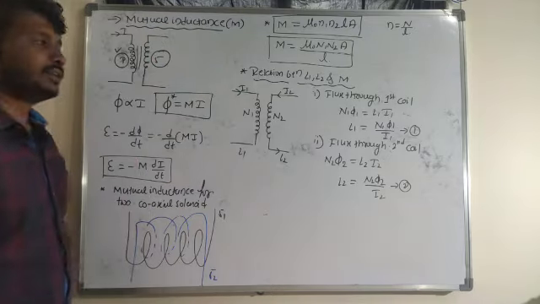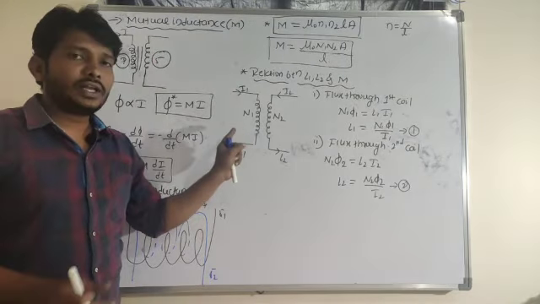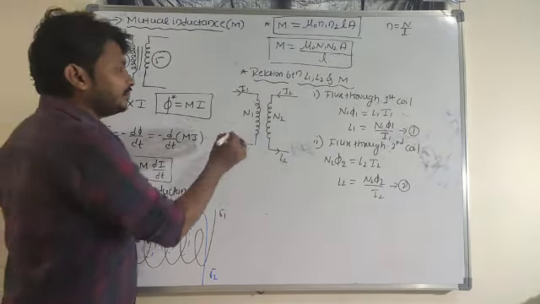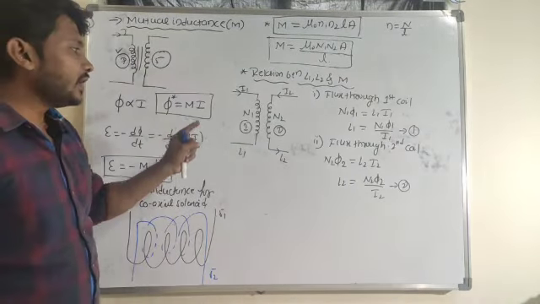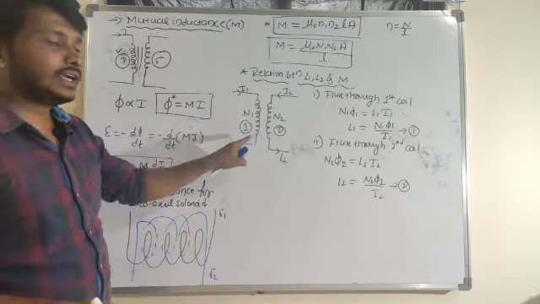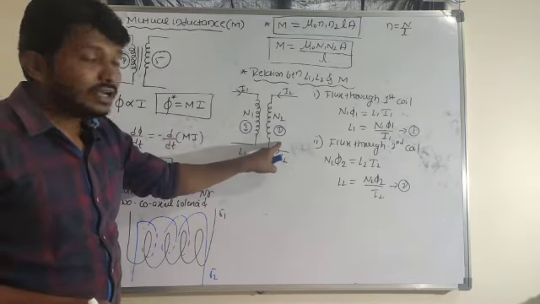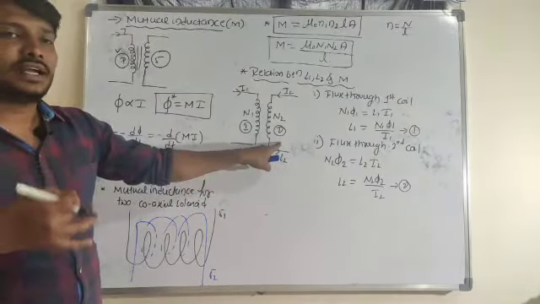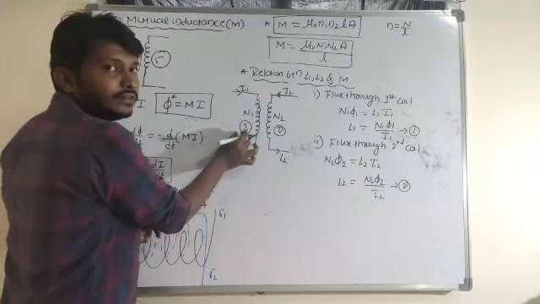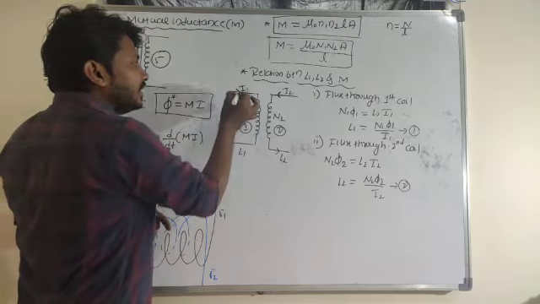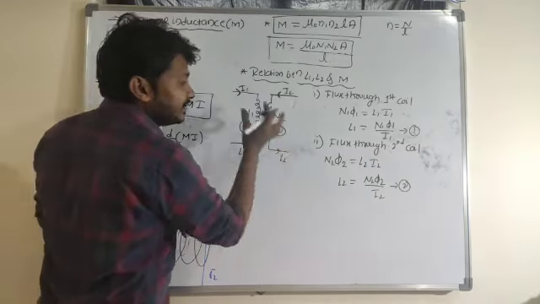Now I can consider the mutual inductances. This is the first coil and this one is the second coil. M of 1 to 2 means mutual inductance of the first coil due to the second coil. It means that because of the current I2 there exists a flux in the first coil, or because of the current I1 there exists a flux in the second coil.